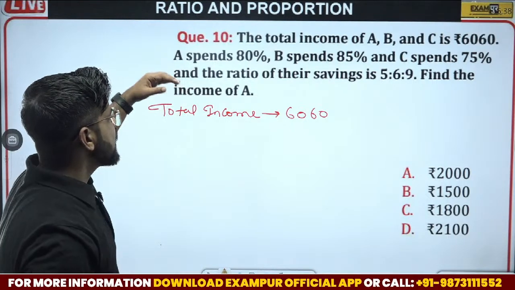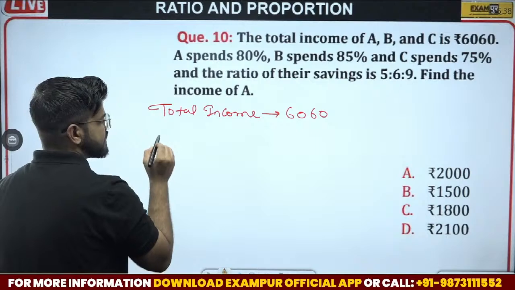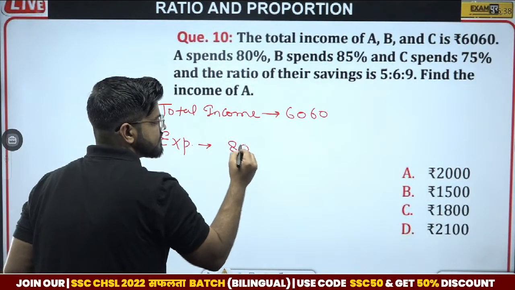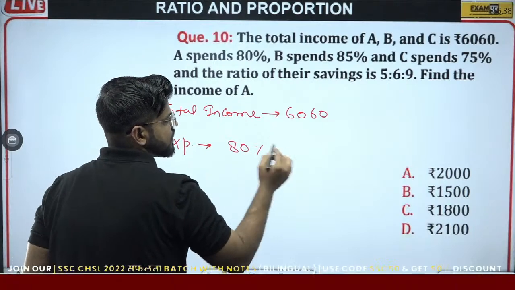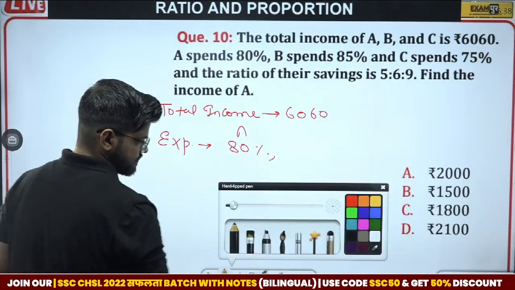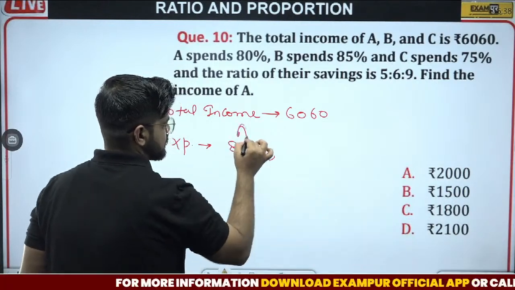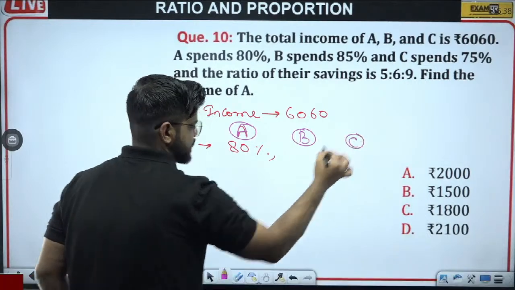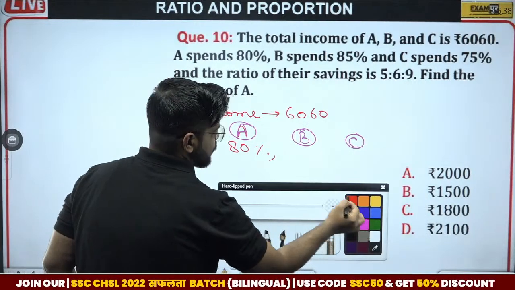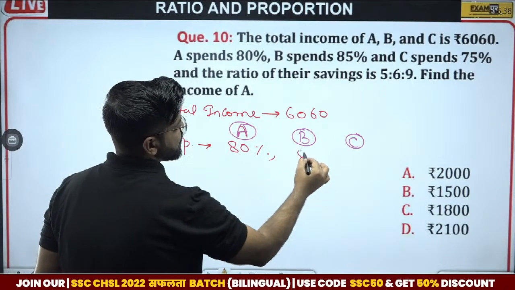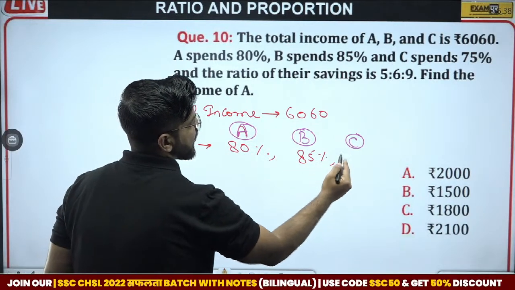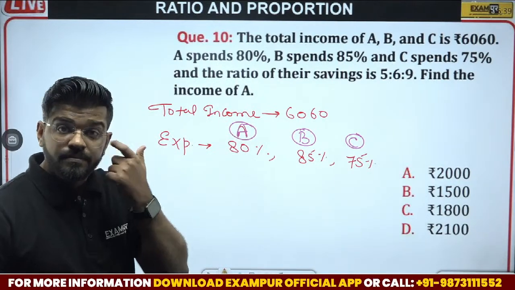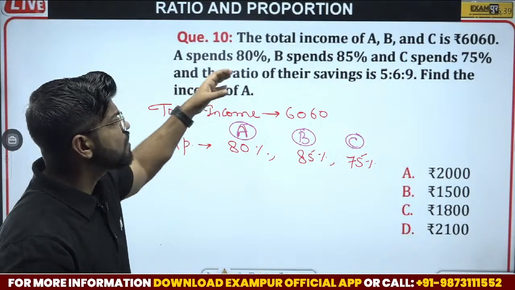Now A spends 80%. Expenditure is given 80%, it is done by A, it is done by B, and it is done by C. So we have 80% spent by A, 85% spent by B, and 75% spent by C. And also I have the ratio of their savings.